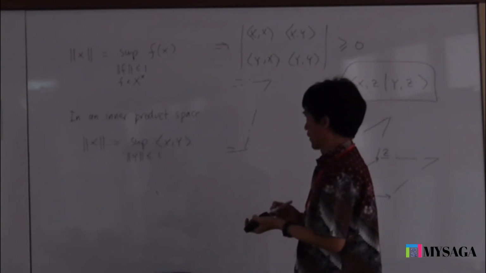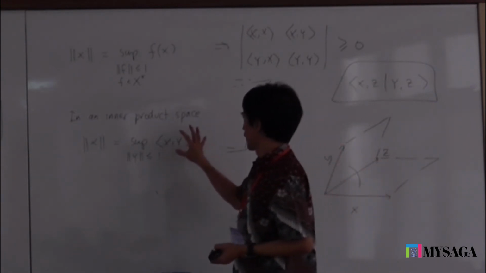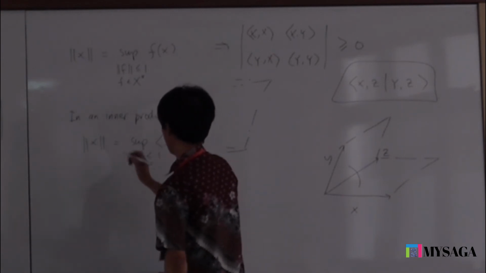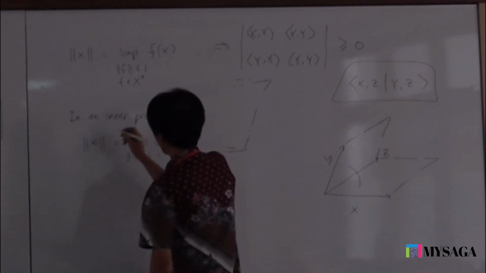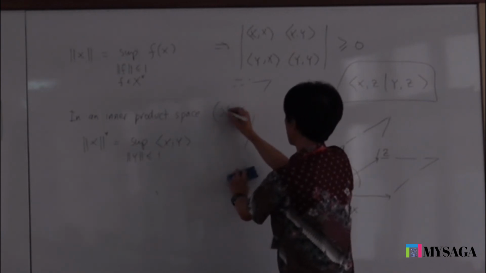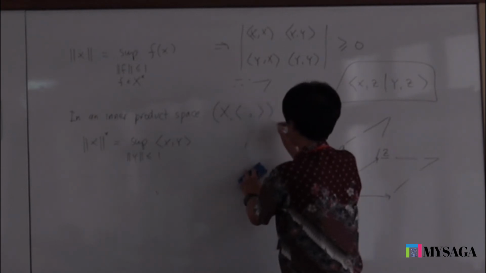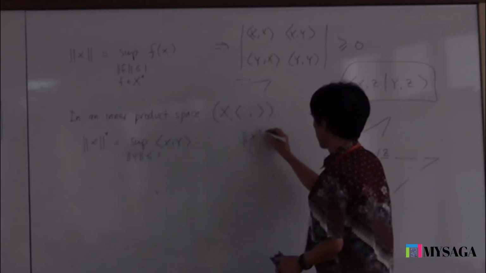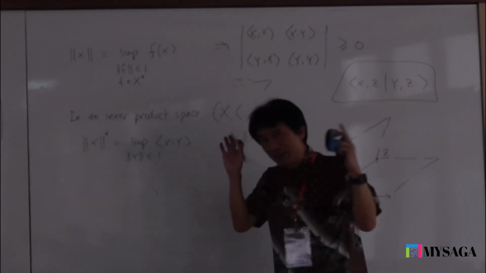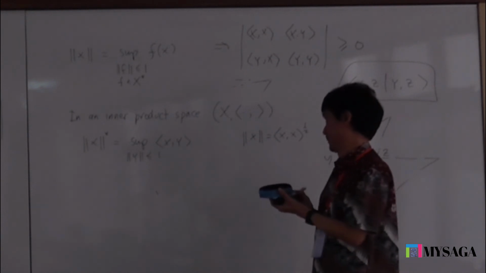By Cauchy-Schwarz, you know it is less than, well, of course, it is a little bit upsetting. For example, you have this, and then you define this by this, and then you would define another norm by this. They are actually the same, okay?